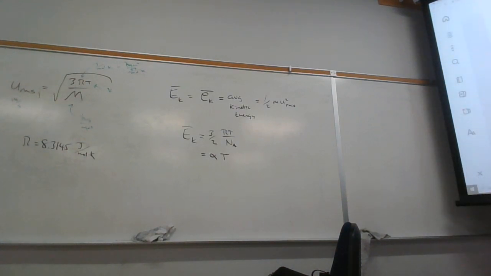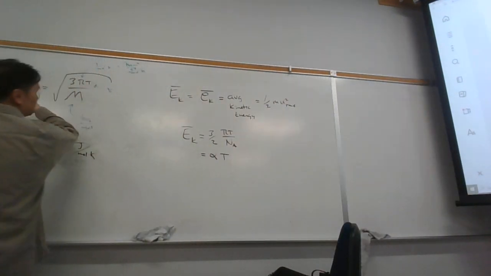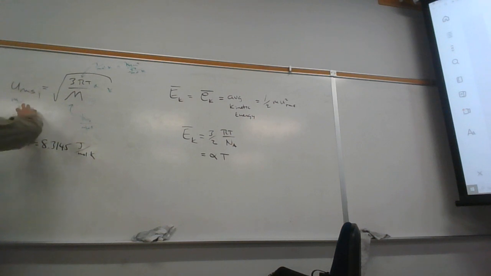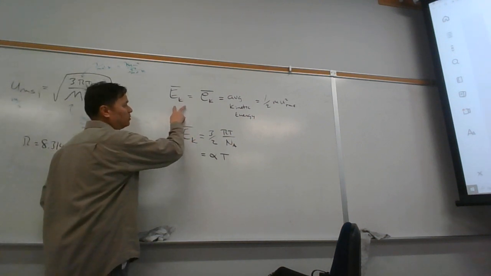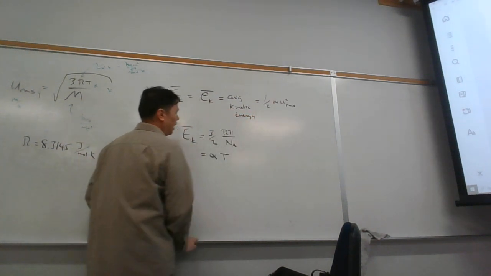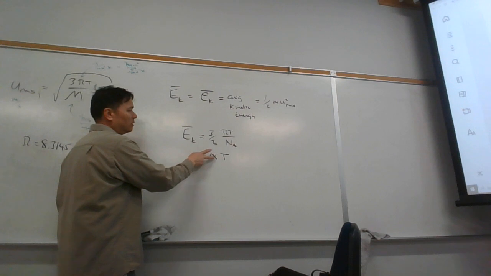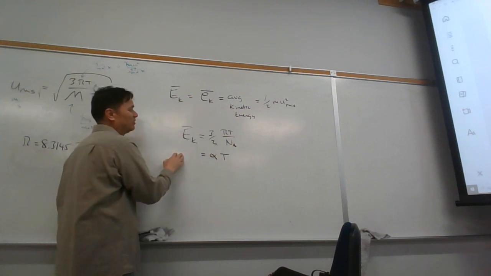All right. So the applications of this one, we want to calculate the RMS speed. Two, we want to see that the kinetic energy is related to the RMS speed, and the kinetic energy is directly proportional to temperature. We don't really do too many calculations with this kind of stuff here.